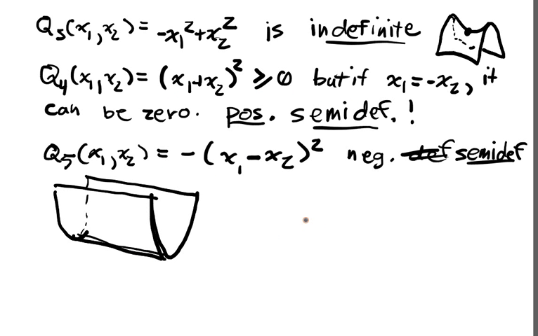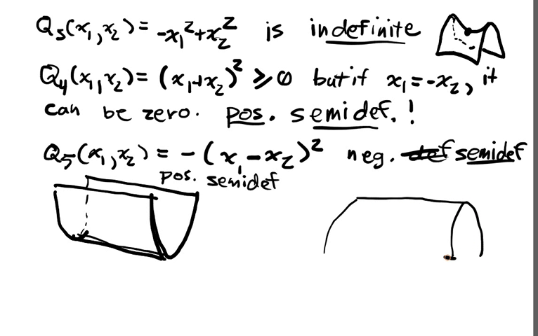A negative semi-definite form is kind of the same thing, only now it's like a tent. So this is negative semi-definite.